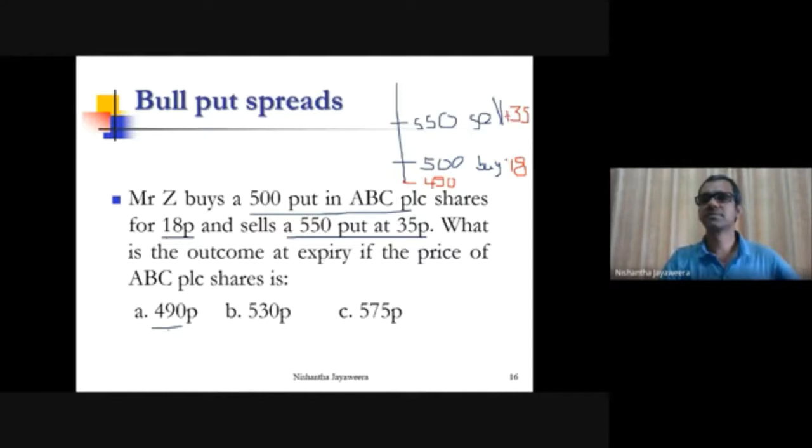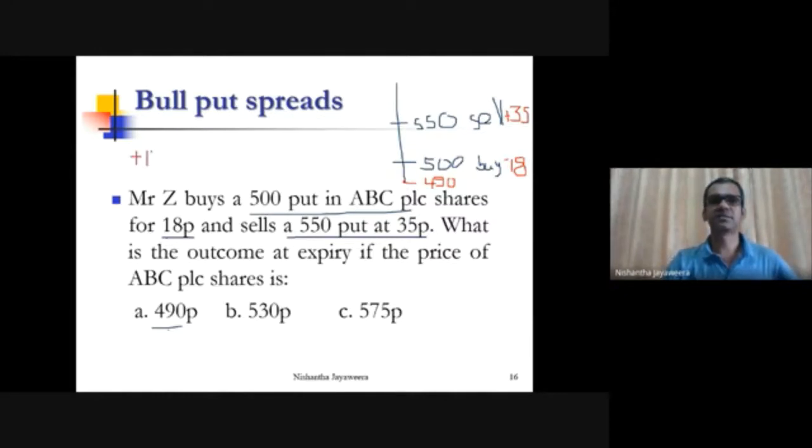It's a net receipt, right? Because he sells at 35 and buys at 18, it is plus 17. He received the net premium. Okay, with that in mind, try to answer this.